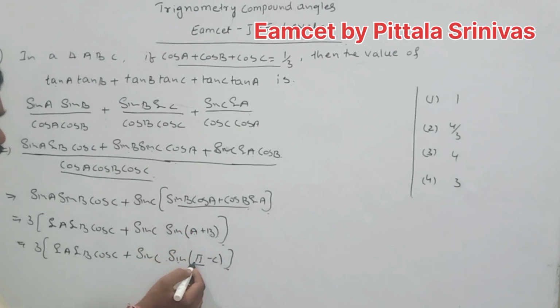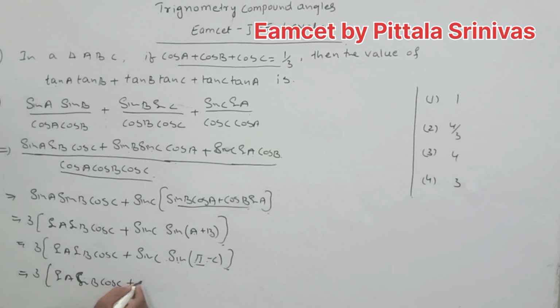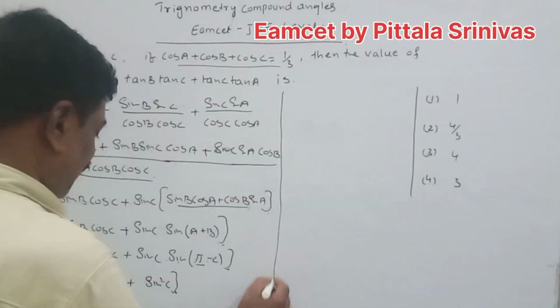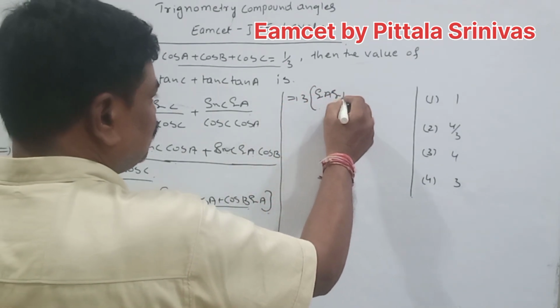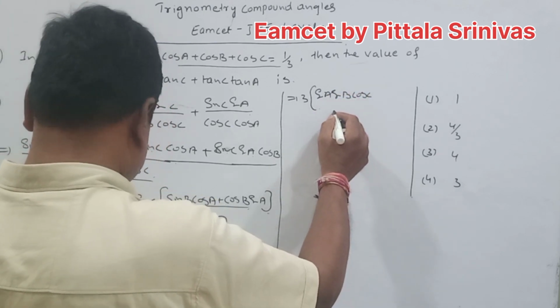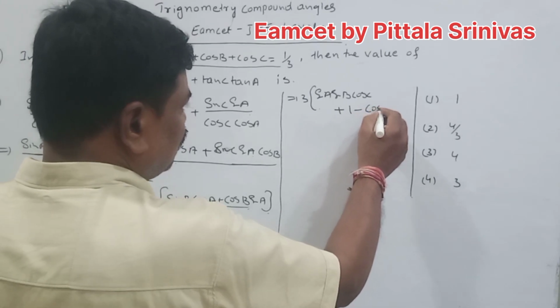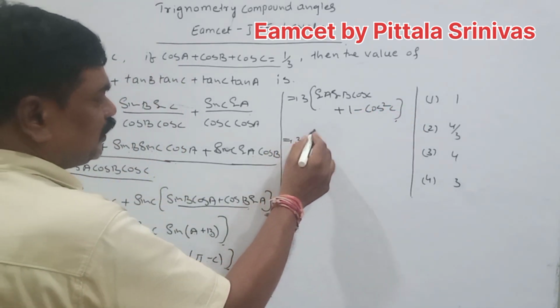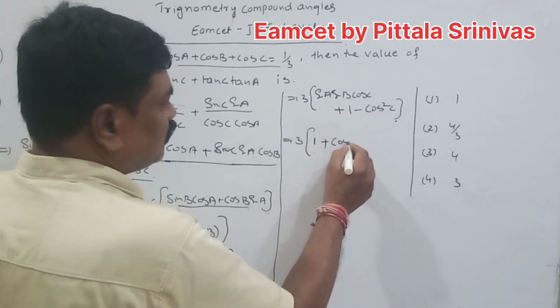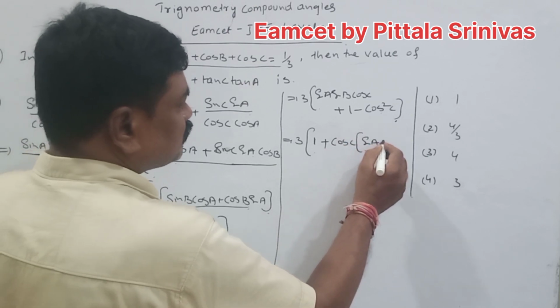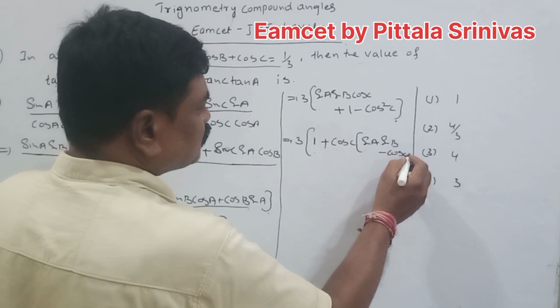So A plus B is equal to pi minus C. Then we can write 3 of sin A sin B cos C plus sin square C. So sin square C can be written as, this implies 3 of sin A sin B cos C plus 1 minus cos square C. So what we can write as 3 of 1 minus 1 plus, in this case cos C as common, that is sin A sin B minus cos C.